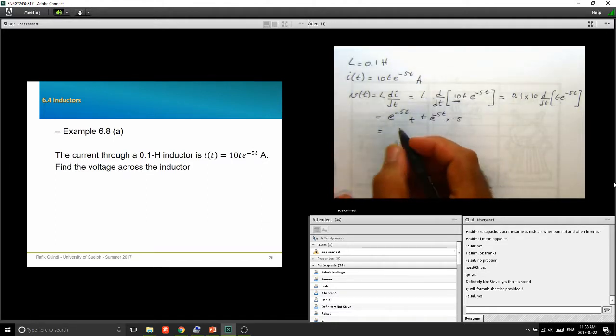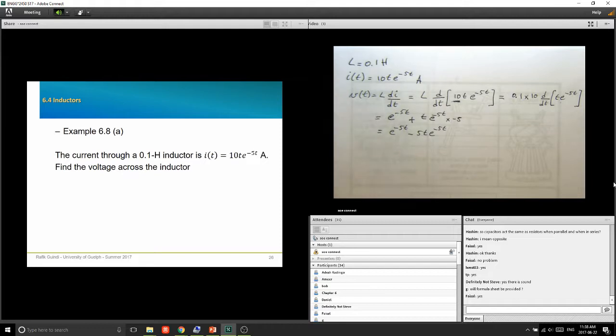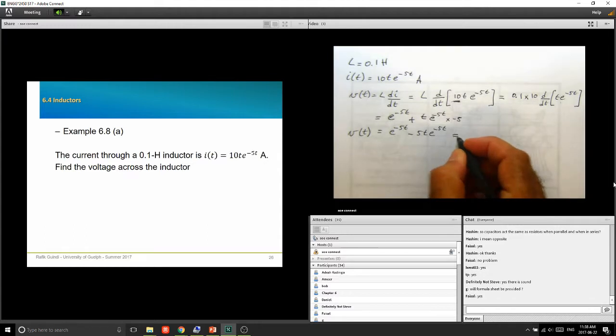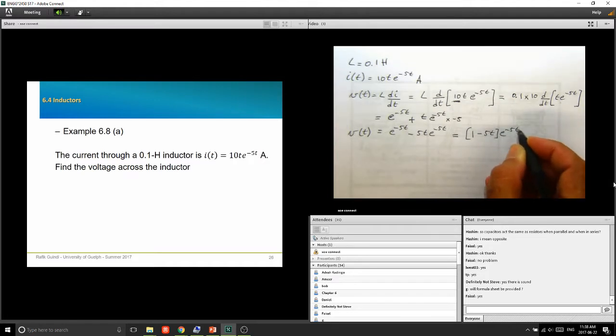So we have e to the negative 5t minus 5t e to the negative 5t, right? So that's the voltage across your inductor. You can rewrite it as (1 minus 5t) e to the negative 5t.